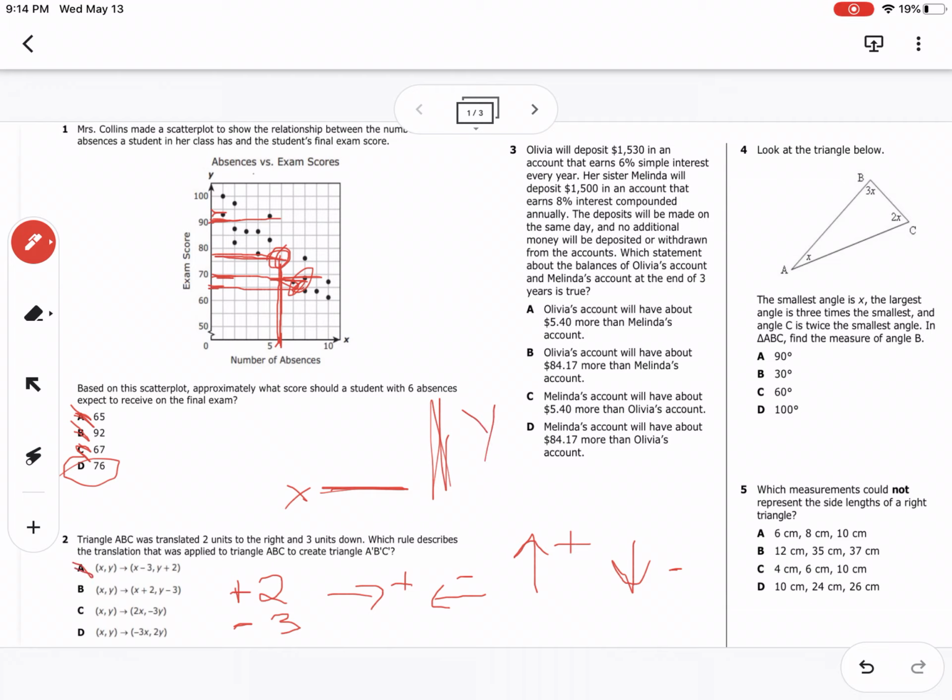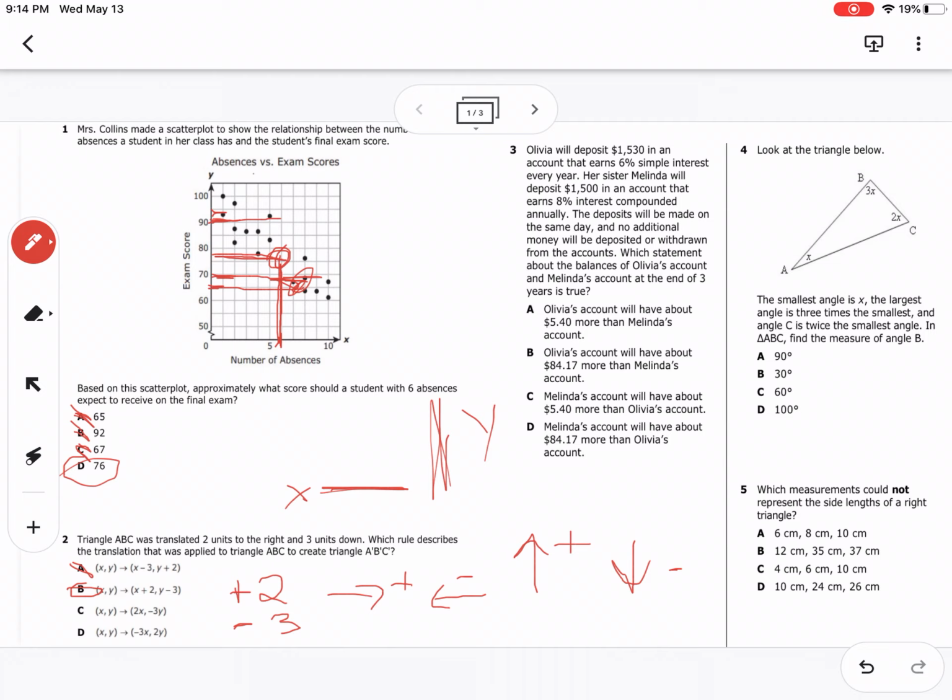So A is incorrect. We'll look at B, x plus 2, positive 2, and y minus 3, negative 3. That would be our answer. If you want to look at C and D, go ahead. 2x and negative 3y, incorrect. Negative 3x and 2y, no, we don't want to use that. So, therefore, B is our answer.